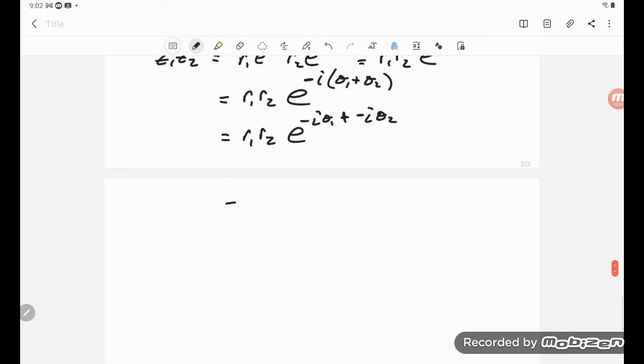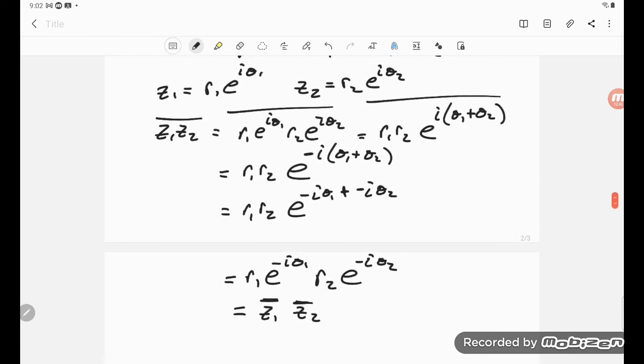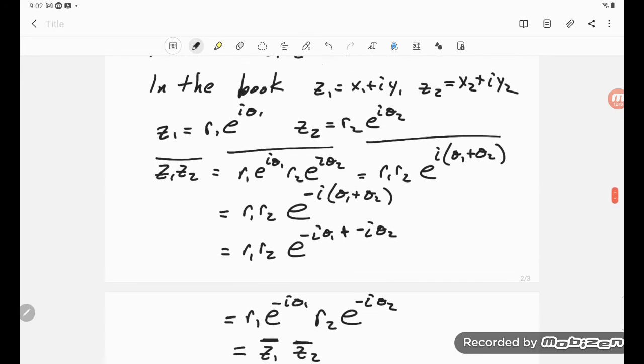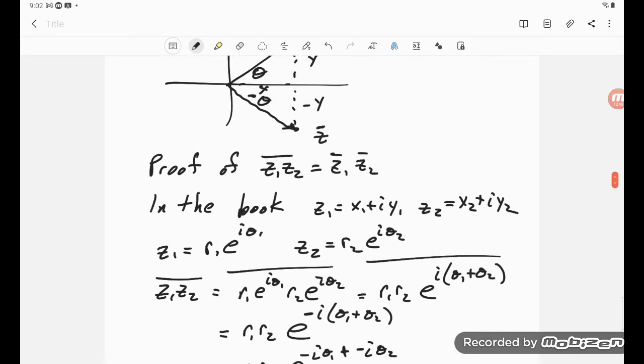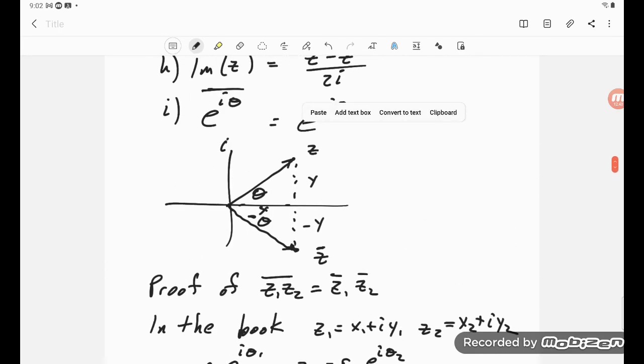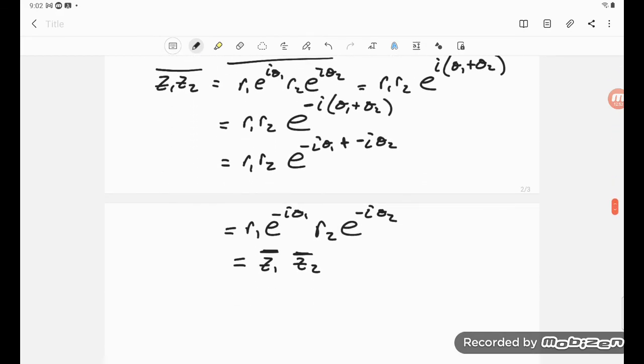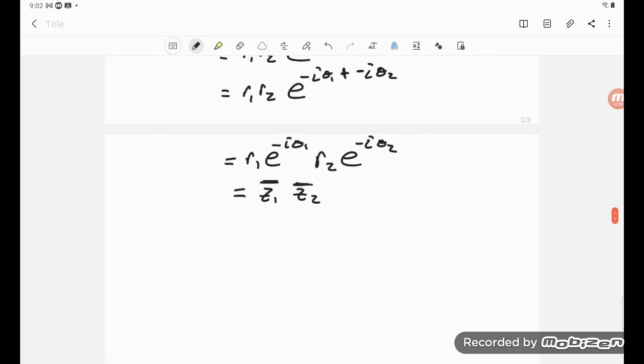And so then that's r1 e to the negative i theta 1 times r2 e to the negative i theta 2. And so there we have our z1 conjugate and then z2 conjugate. So you see, if you already had the proof of that property, if you knew that was true, then you could have used that notation to prove B, the conjugate of z1 z2.